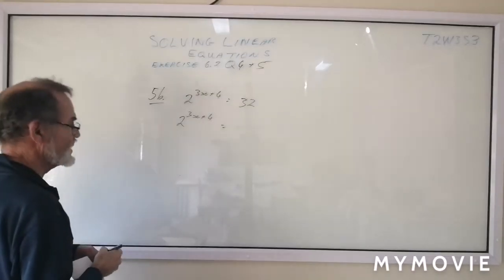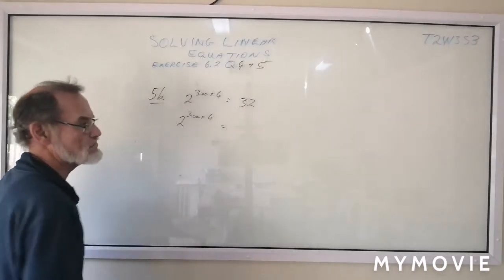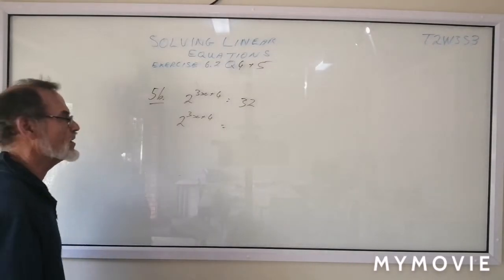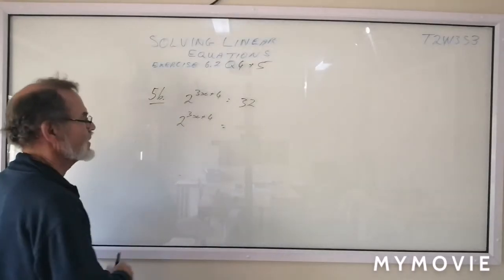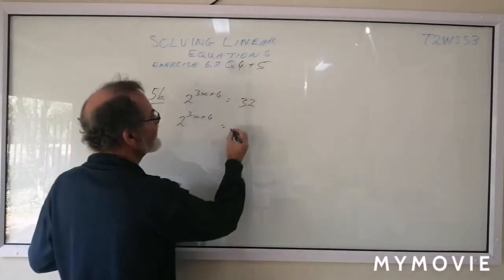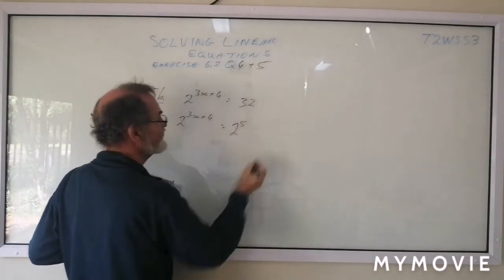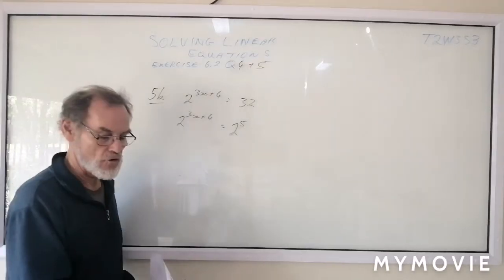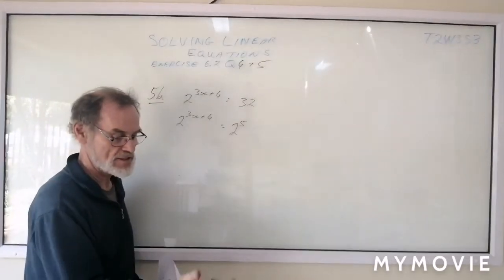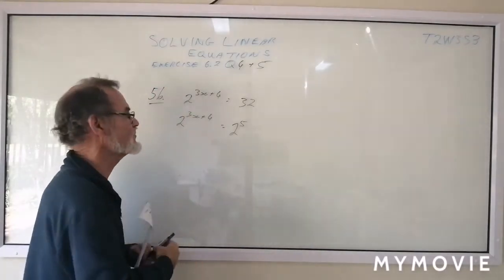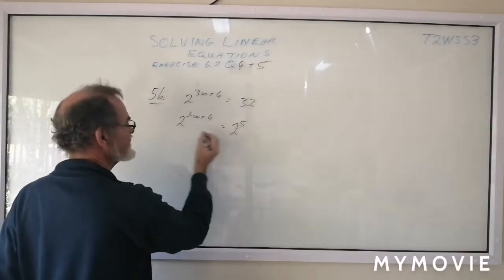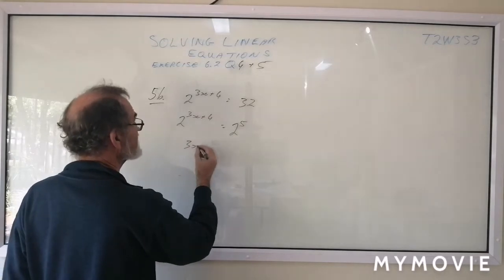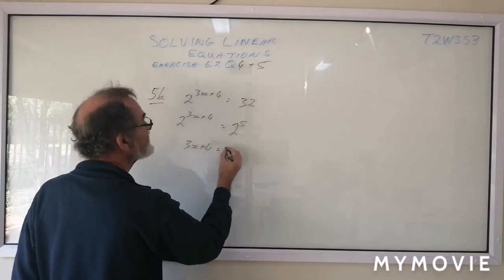And we've got to express 32 as a power of a prime number, and we want that prime number to be 2. Otherwise it's not going to work. And we know that 2 to the power of 5 is 32, because 2 to the 2 is 4, 2 to the 3 is 8, 2 to the 4 is 16, 2 to the 5 is 32. That's 5. Now we've got the same base, so we just say 3x plus 4 is equal to 5.